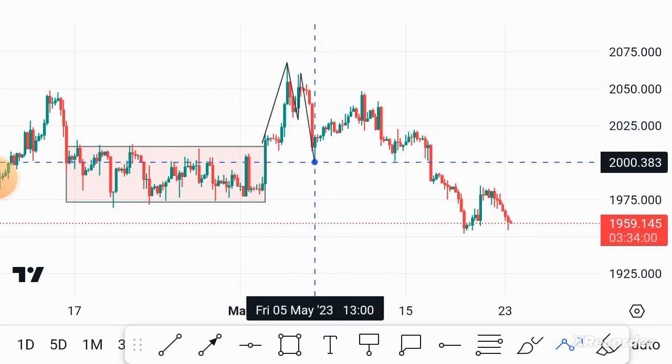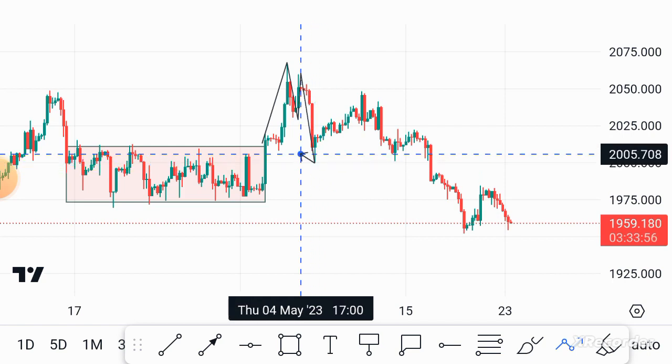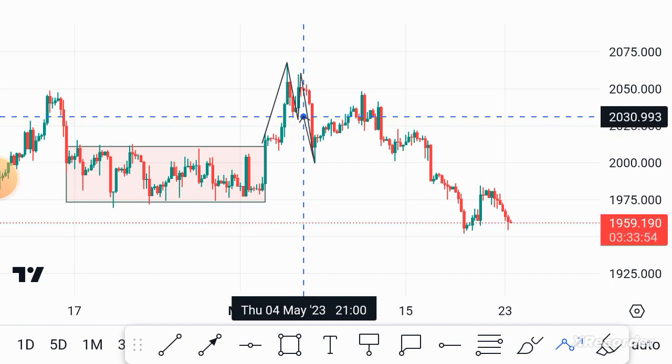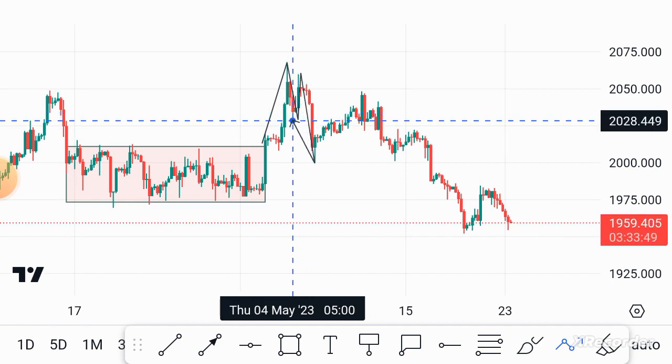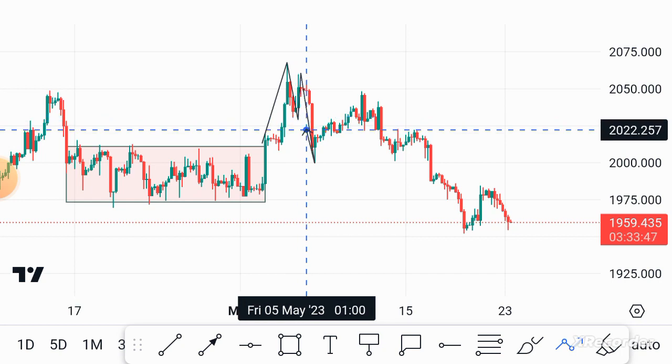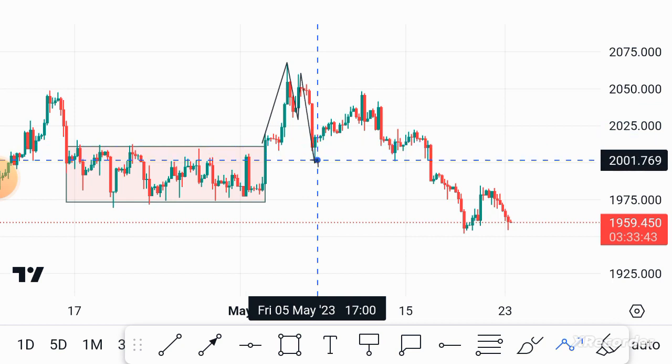Now this low became lower than the previous low. The previous low was this low right here. So this current low was lower than the previous low. This was where the price closed.